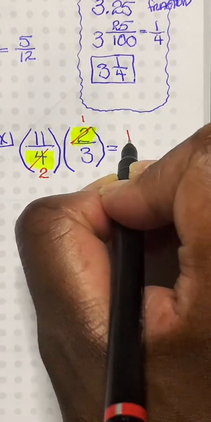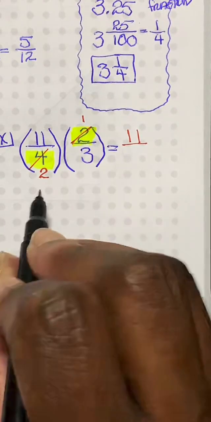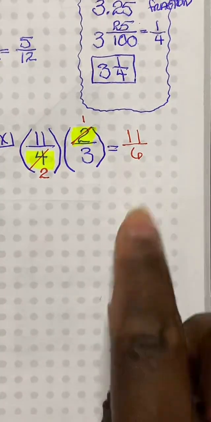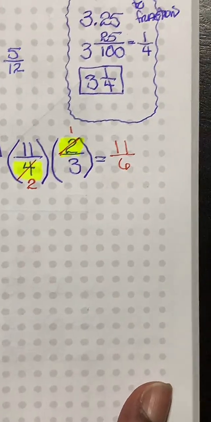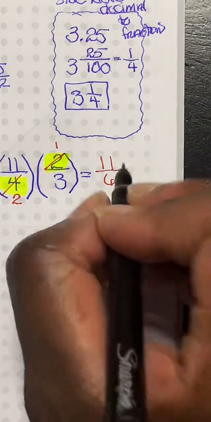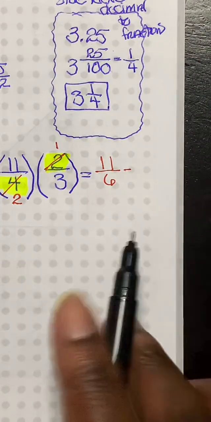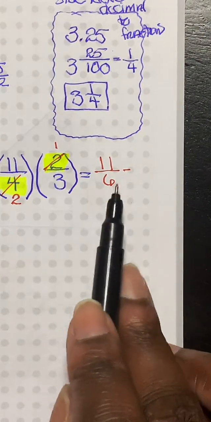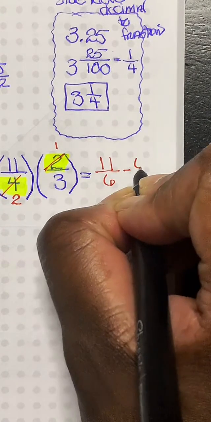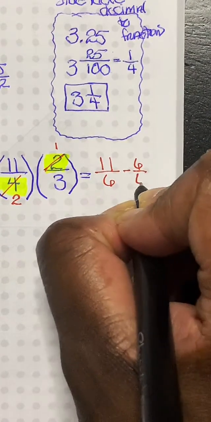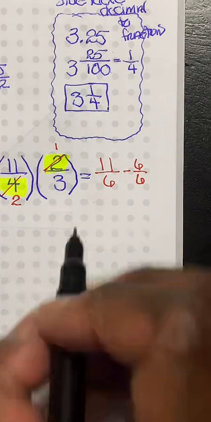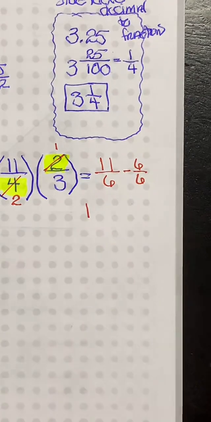11 times 1 gives me 11, and 2 times 3 gives me 6. So we have 11/6. So remember, if it's an improper fraction, let's pull that whole number out. The key is to take a look at the denominator. That will tell you what you should be subtracting in the numerator and in the denominator, because 6 divided by 6 will give me my 1 whole.